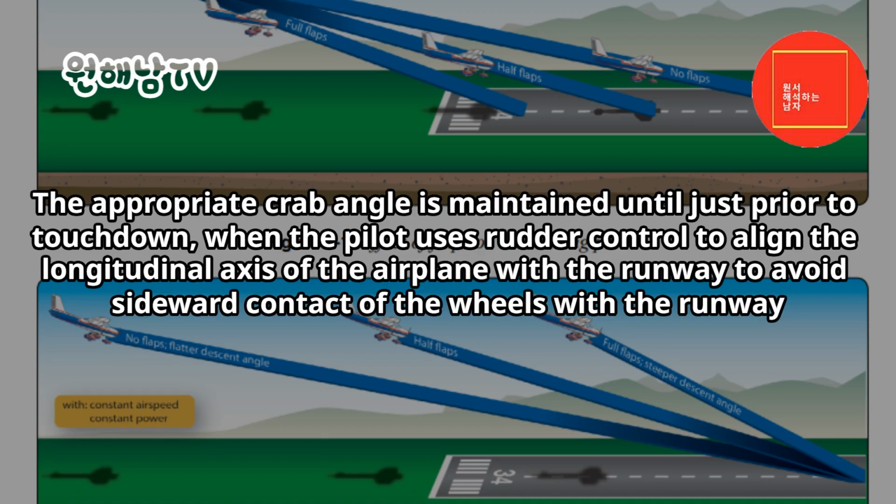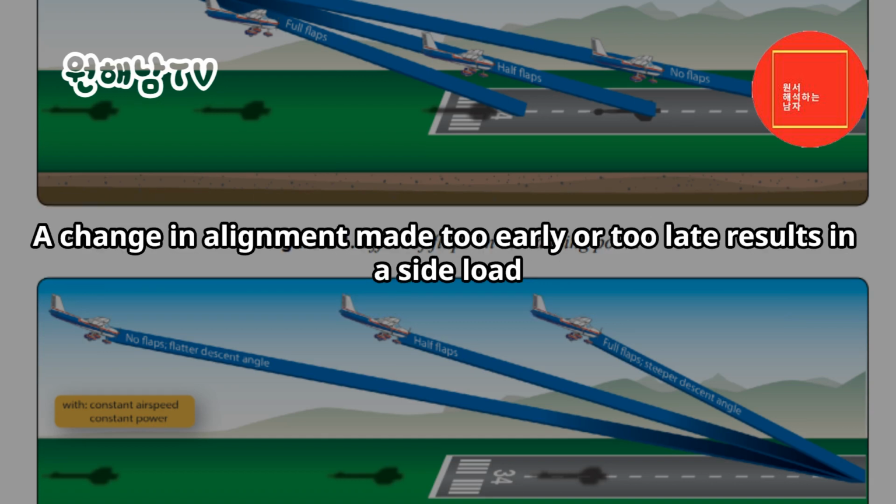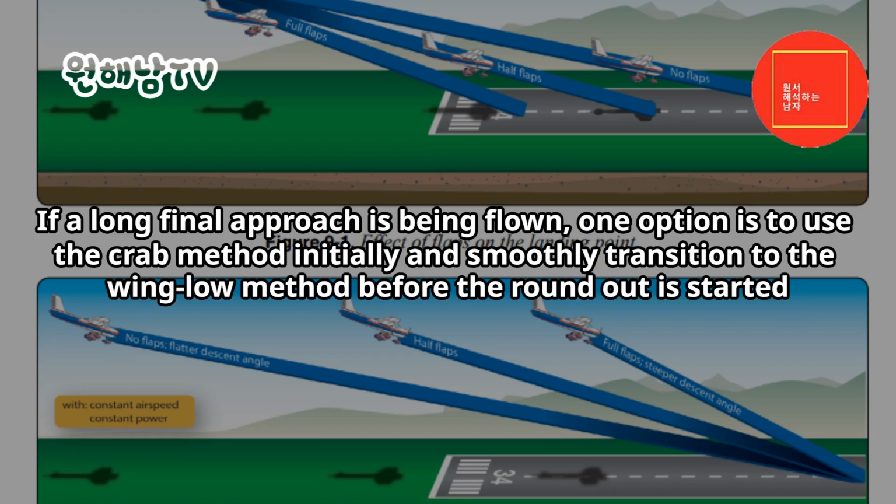The appropriate crab angle is maintained until just prior to touchdown, when the pilot uses rudder control to align the longitudinal axis of the airplane with the runway to avoid sideward contact of the wheels with the runway. A change in alignment made too early or too late results in a side load. If a long final approach is being flown, one option is to use the crab method initially, and smoothly transition to the wing-low method before the round out is started.